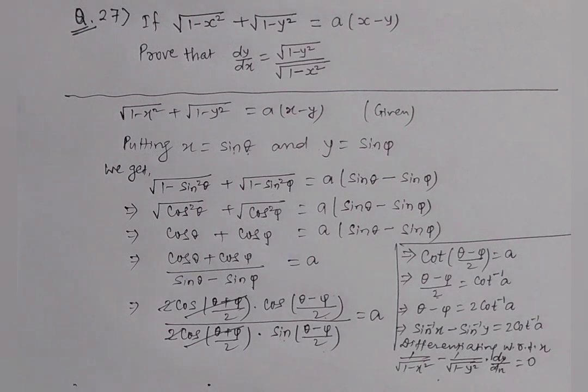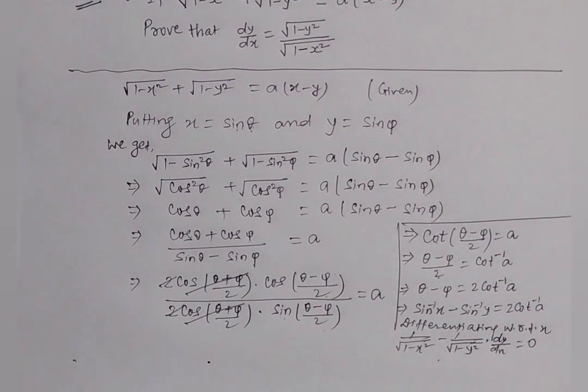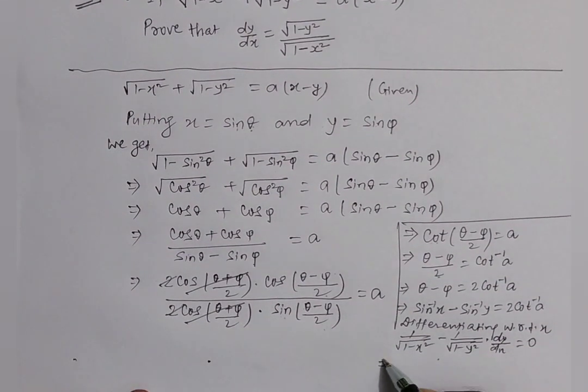So when we simplify this, we can write 1 by square root of 1 minus x square equals, we can shift these terms to right side. This is negative 1 by root 1 minus y square dy by dx. When we shift it to right side, it becomes positive 1 by root 1 minus y square dy by dx.